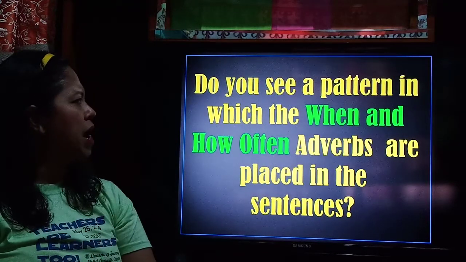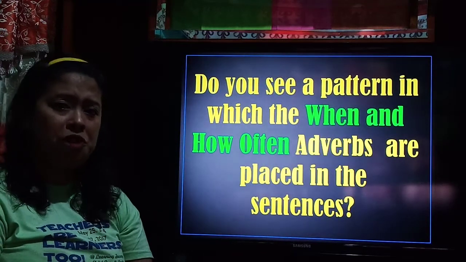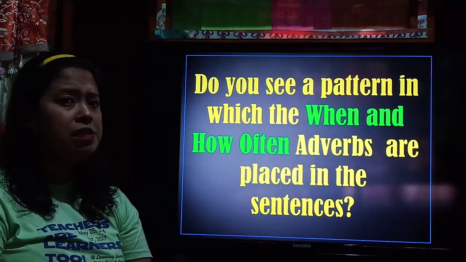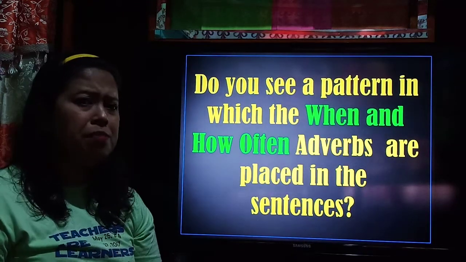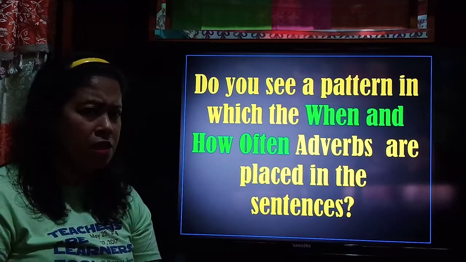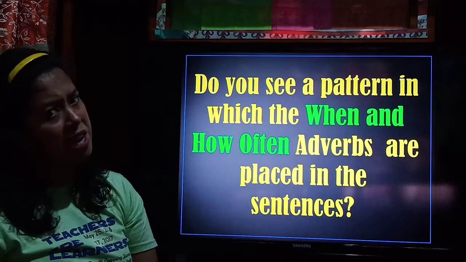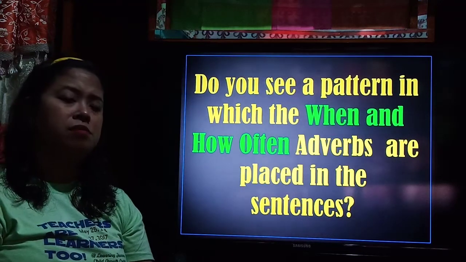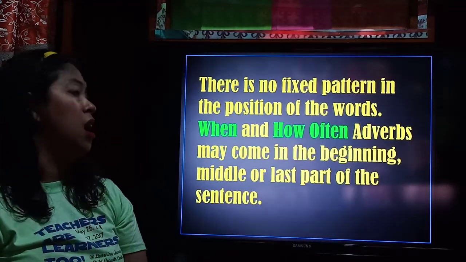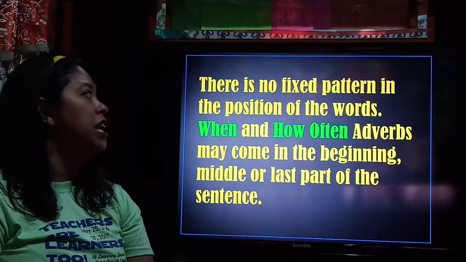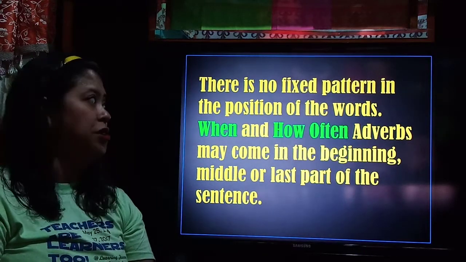Do you see a pattern in which the when and how often words or adverbs are placed in the sentence? Are they always in the beginning of the sentence? Are they always in the middle? Or are they usually in the end of a sentence? Okay. No. There's no fixed pattern in the position of the words.